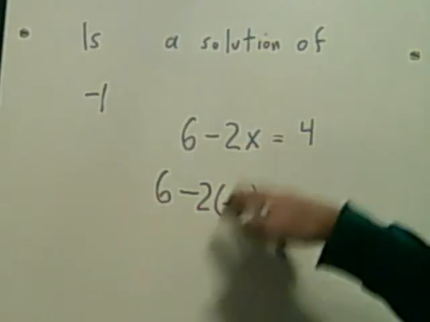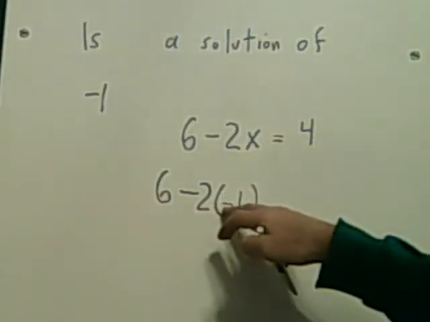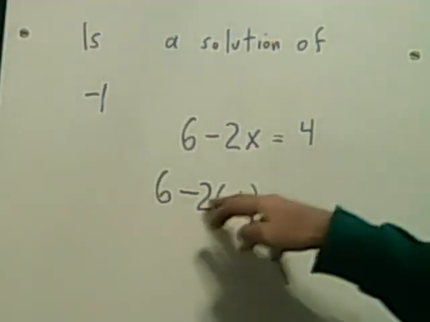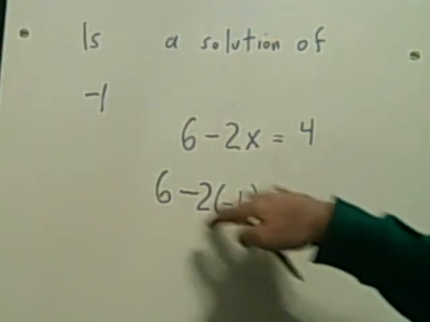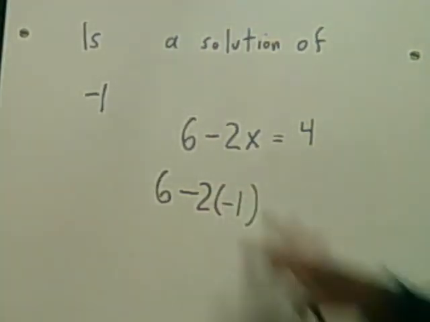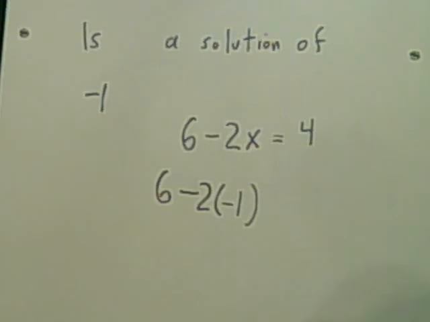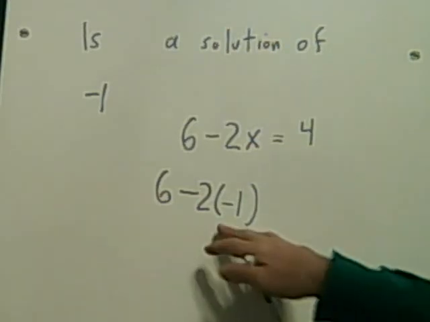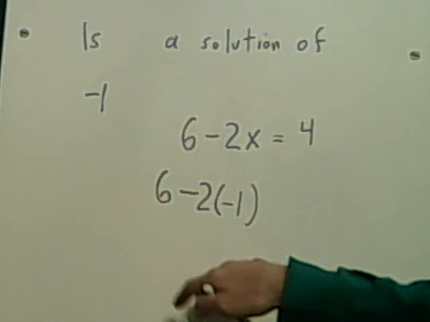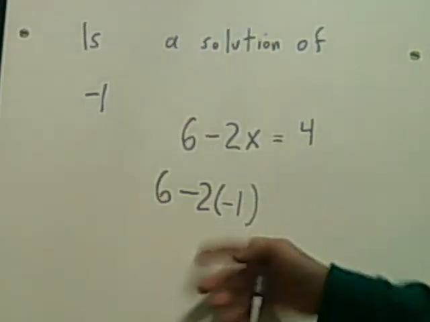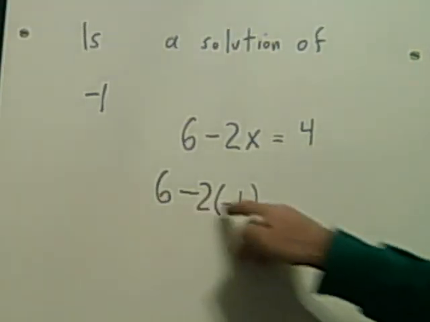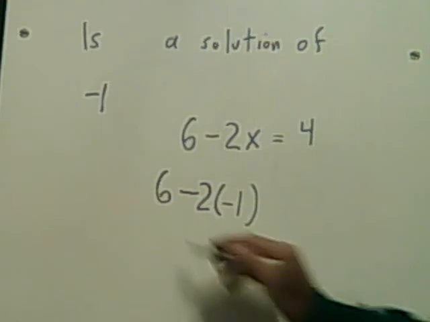Now, I put in parentheses because I had a -1, and this is being multiplied. If I just put a -1 there, it would look confusing. So I use parentheses a lot so that the expression is not ambiguous. Okay, -2 times -1. That's a +2.